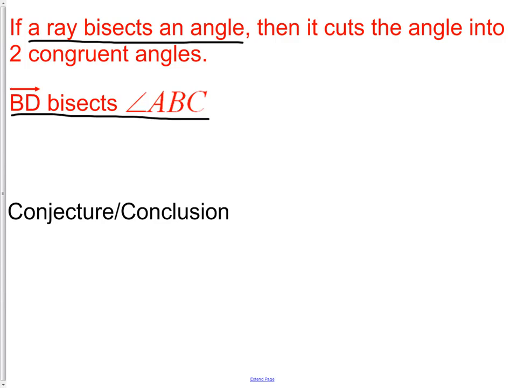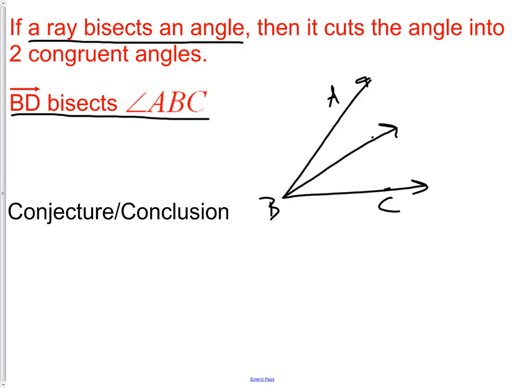What might help here is to draw a picture of what we have. We have angle ABC, being bisected by BD. Remember, being bisected means it cuts it into two congruent pieces.